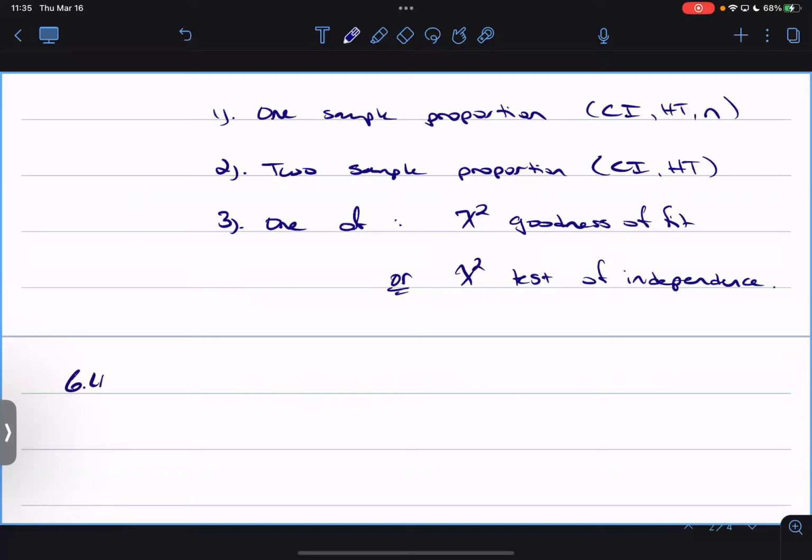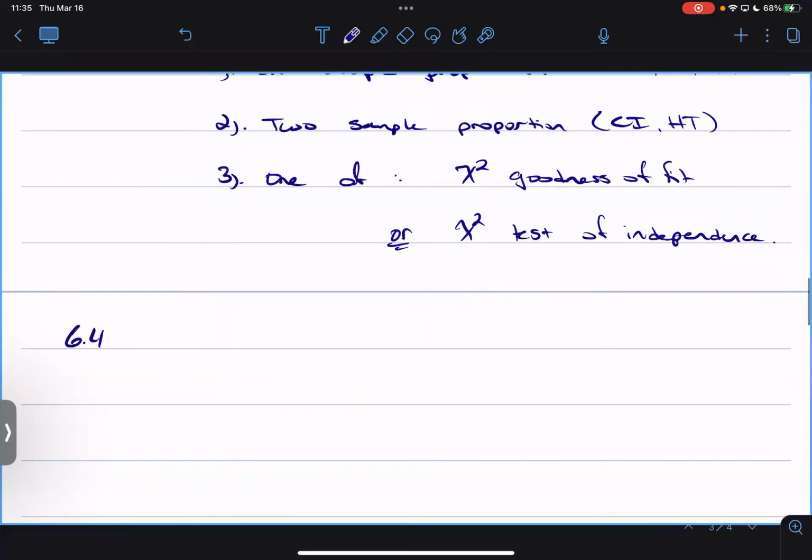Okay. Which leads me to section 6.4. Chi-squared test of independence.